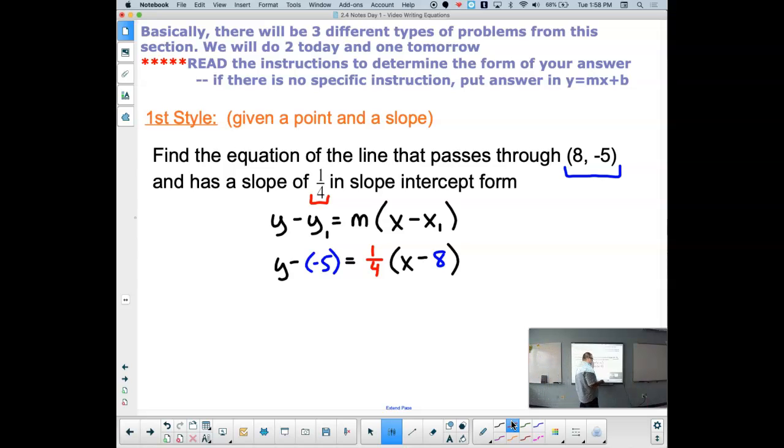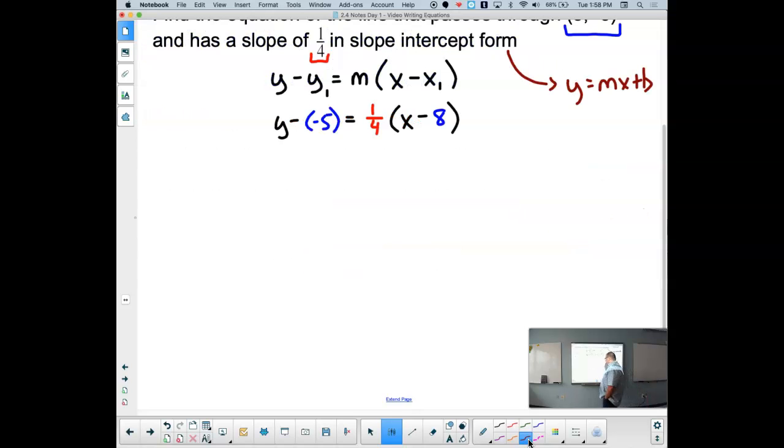So from that, we are going to now put it in slope-intercept form. Slope-intercept form is y equals mx plus b. So I need to solve this equation for y. So that's going to be y plus 5 is going to equal 1/4 times x, and then 1/4 times 8 is 2.